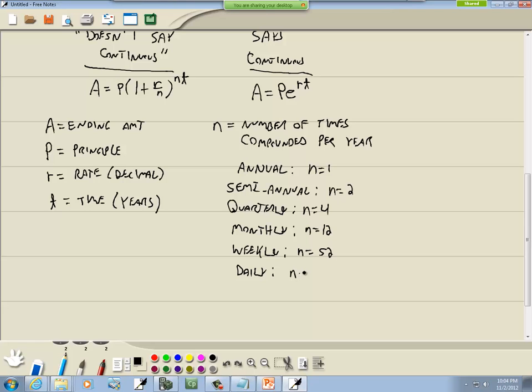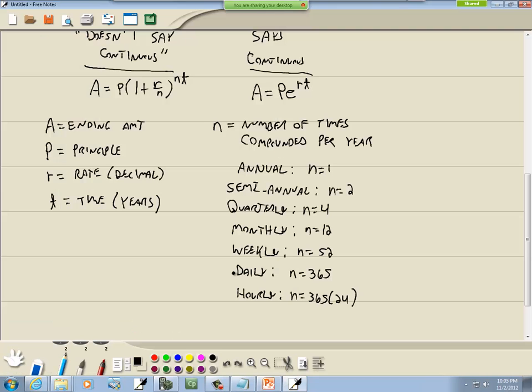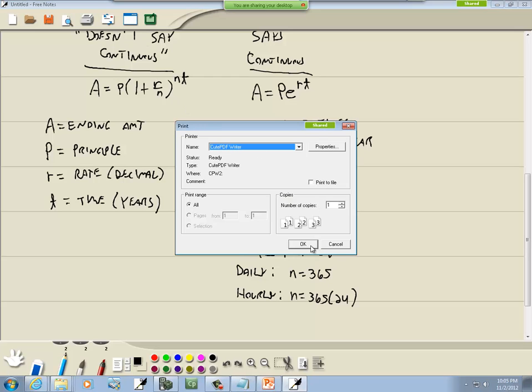If it says daily, N is equal to 365. And if it says hourly, N is equal to 365 times 24, so 365 days, 24 hours in a day. So those are our values for N. Now this formula just puts the N in the table here, so it doesn't use the words. Let me save this, and then we'll start doing this on the next page.